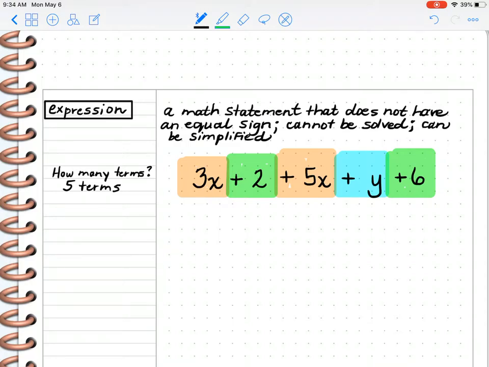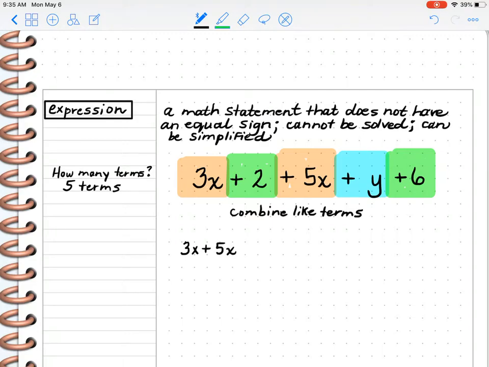Okay, so let's watch what happens here. I'm going to do a process called combining like terms. And this is why I color-coded for you to help you see the like terms. So let's look at the 3x plus the 5x. Those are like terms because they both have x's.